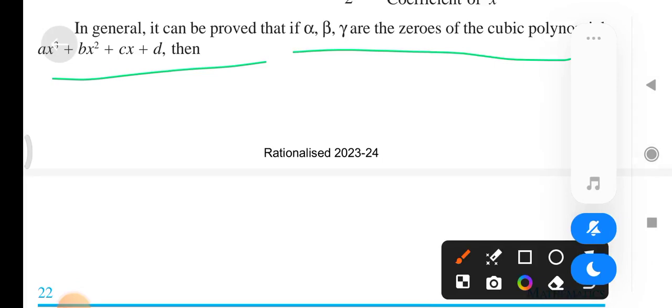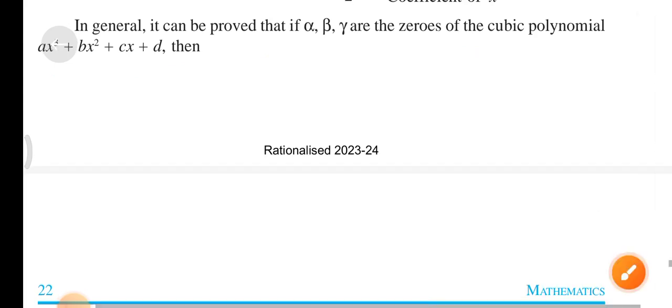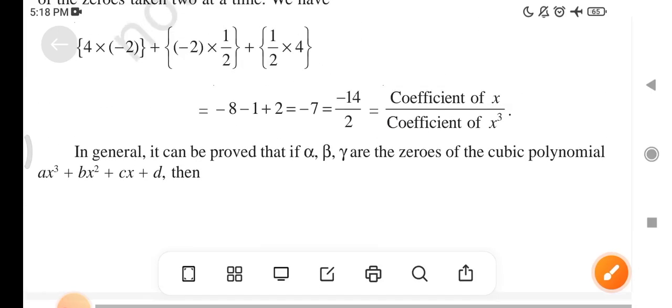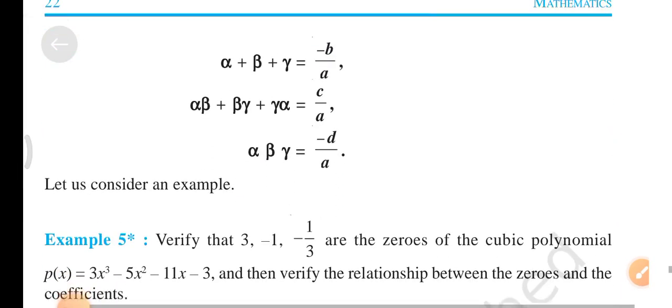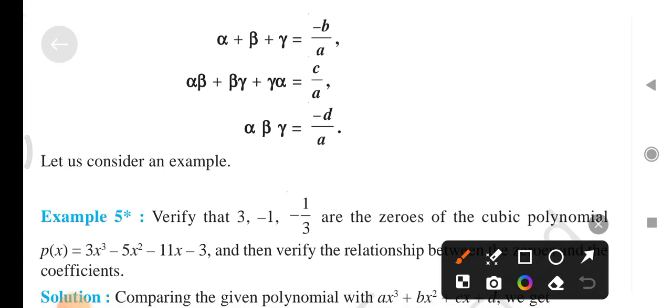If alpha, beta, gamma are the roots of the cubic polynomial ax cube plus bx square plus cx plus d, then alpha plus beta plus gamma is equal to minus b by a.